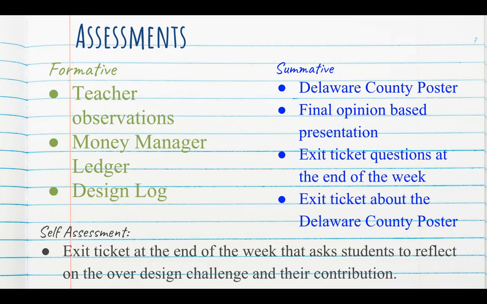The summative assessments are a Delaware County poster, final opinion-based presentation, exit ticket questions at the end of the week, and an exit ticket about the Delaware County poster. The self-assessment is the exit ticket at the end of the week that has the students really reflect over the design challenge and their overall contribution.